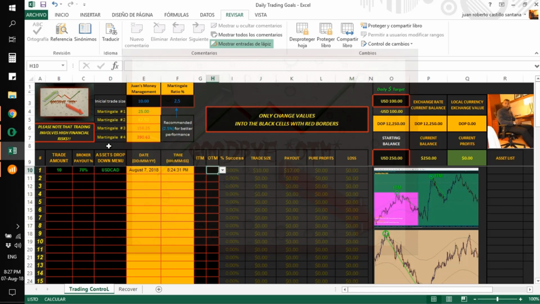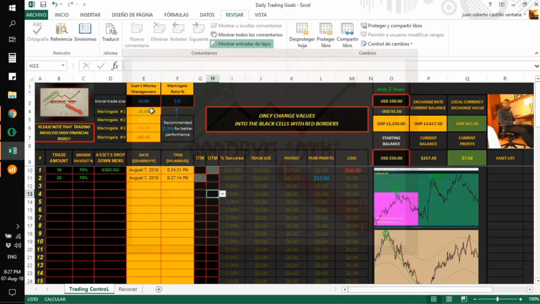For example, if you have a losing trade right here, and then you go here, our next signal that we receive, we take it at $25, and then once you ITM, it will say that you have recovered your $10 loss plus you made an additional $7. It means that you are in ITM position, even though you are at a 50% win ratio at this moment.